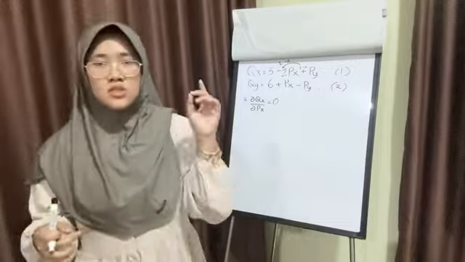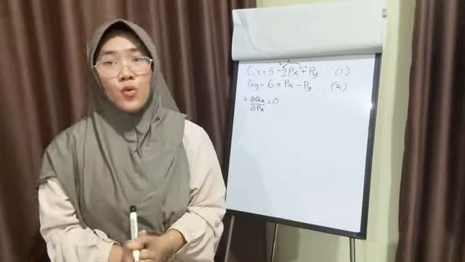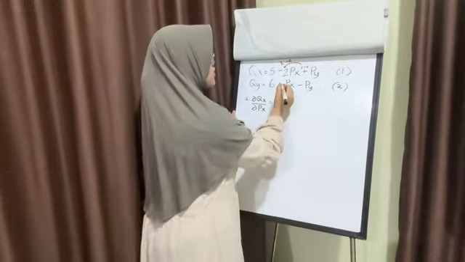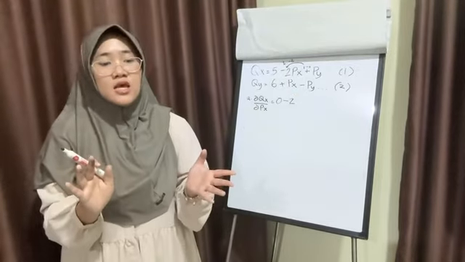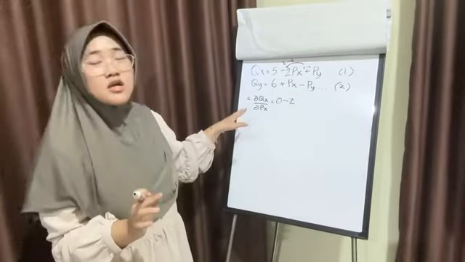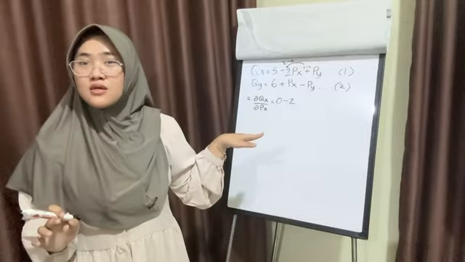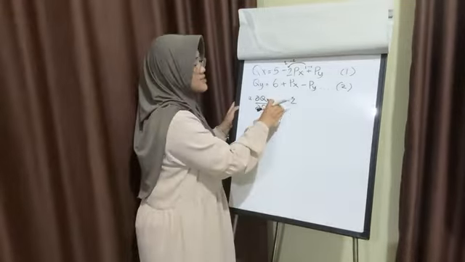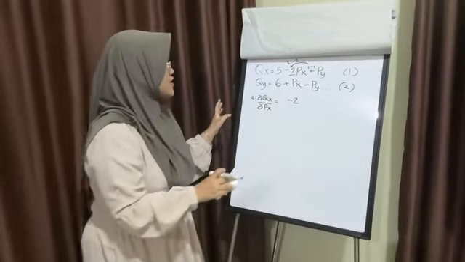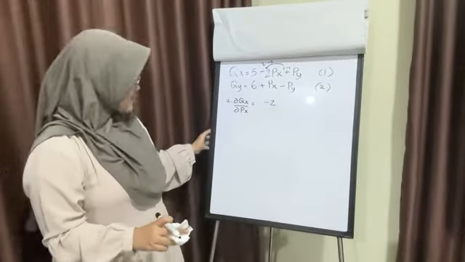When PX has power 0, it means 1, so you don't have to write it down. So we write the minus 2. How about the PY? The PY basically doesn't exist here because it's not asked, so you don't have to write it because it's basically 0. So the answer for the first one is minus 2.